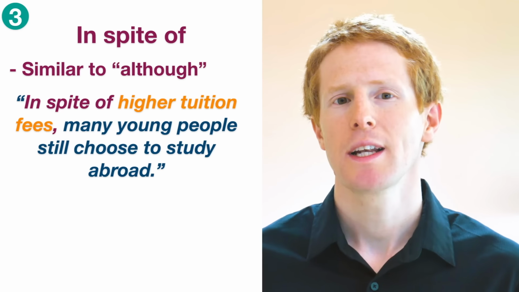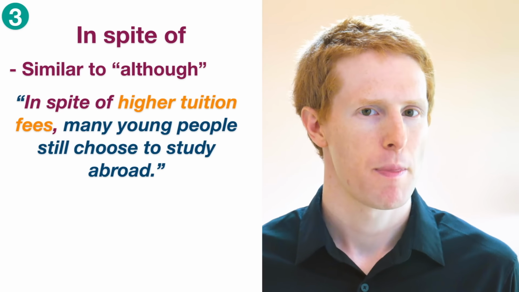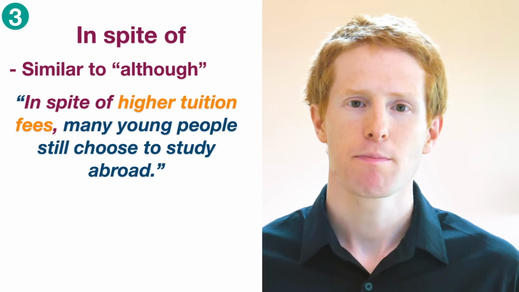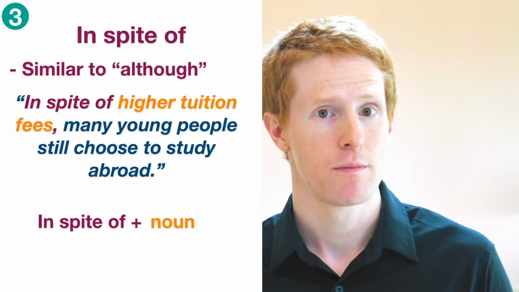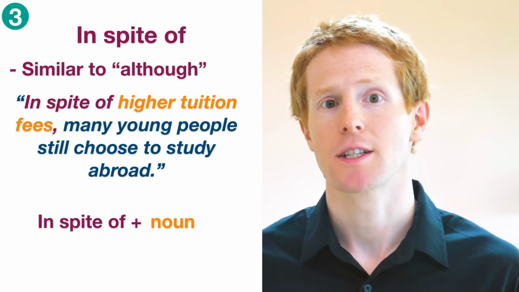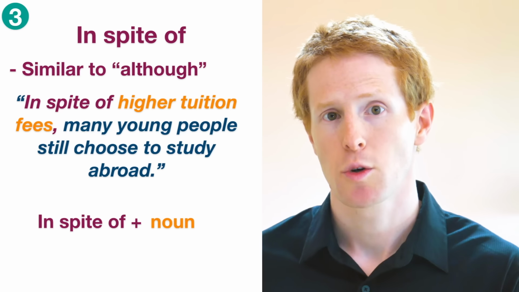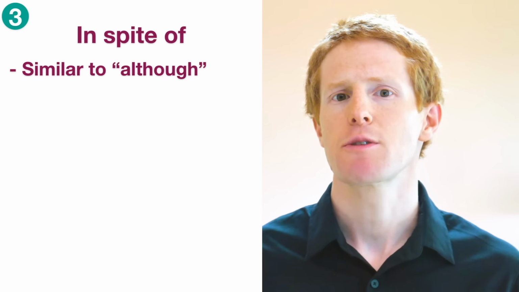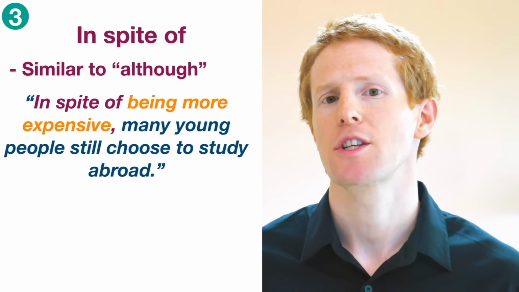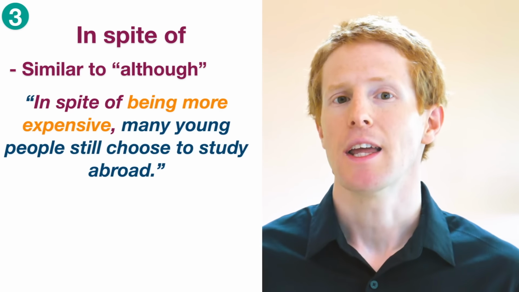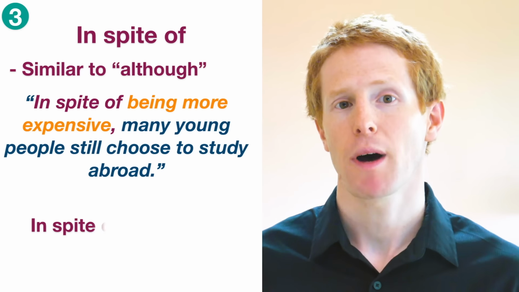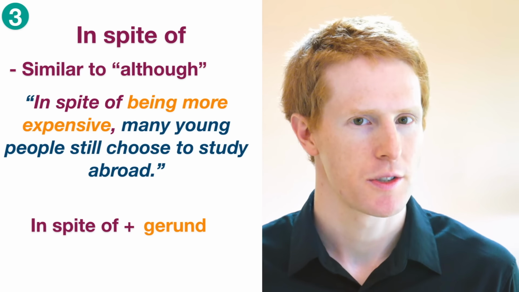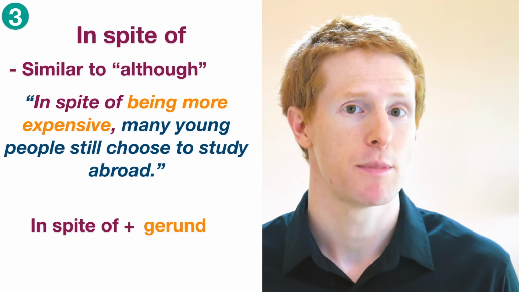Now, let's quickly look at the form. We can have in spite of plus a noun, so in spite of plus higher tuition fees, which is a noun phrase. We can also say in spite of being more expensive. In this case, we have in spite of plus a gerund, which is an ing verb.